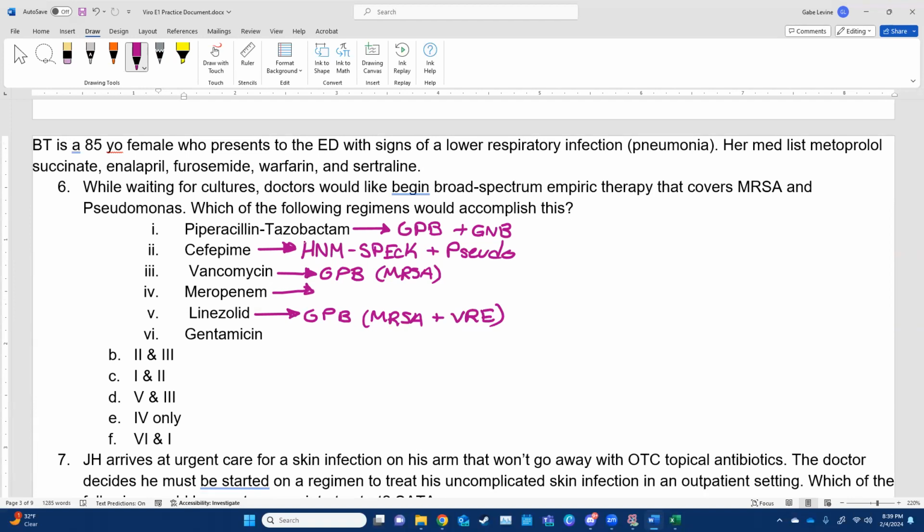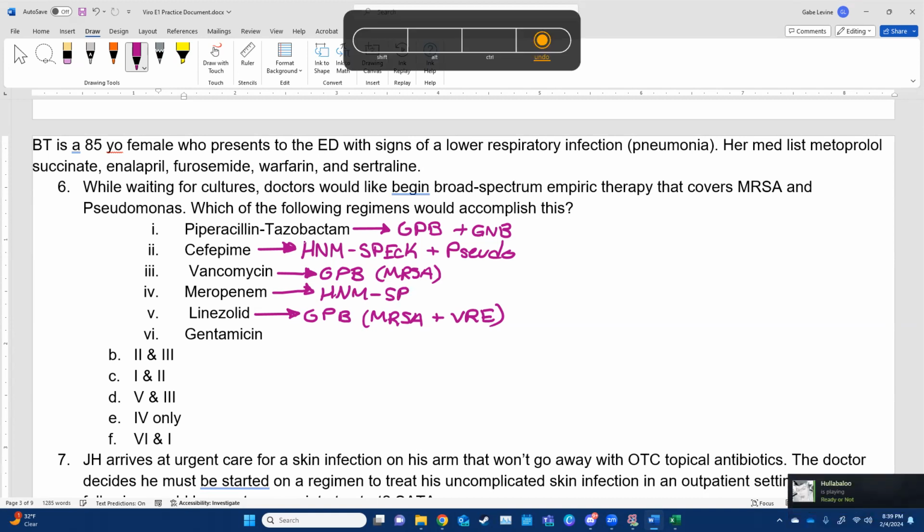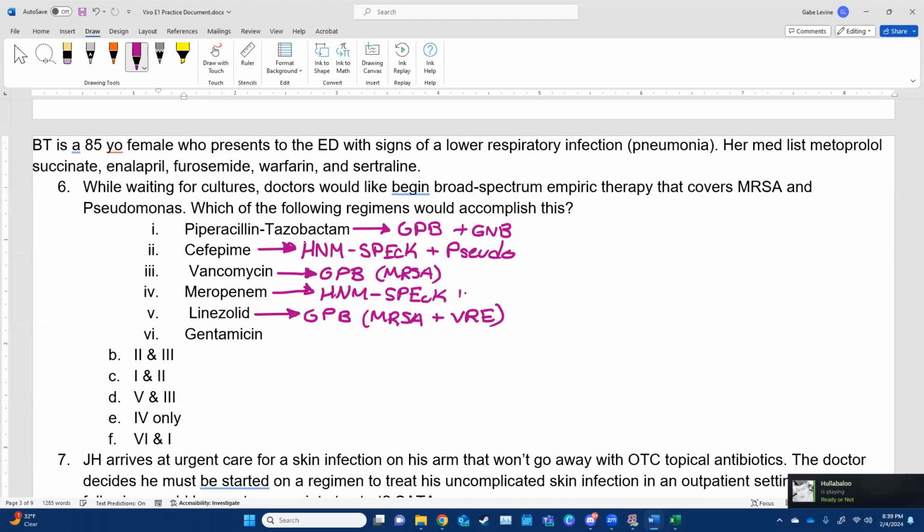Meropenem, carbapenem. Is this below the third gen cephalosporin in our chart? Yeah. So this means it covers H&M spec plus Pseudomonas. Same thing with the aminoglycosides. They're below our third gen, H&M spec plus Pseudomonas.